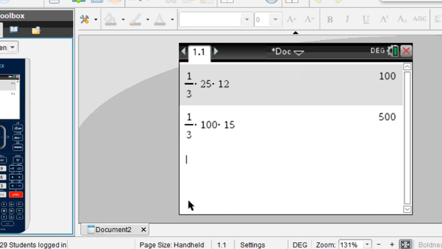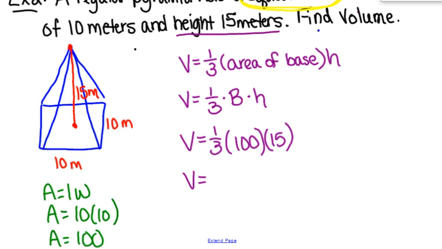So the volume of my pyramid is 500 cubic meters. Or 500 meters cubed.